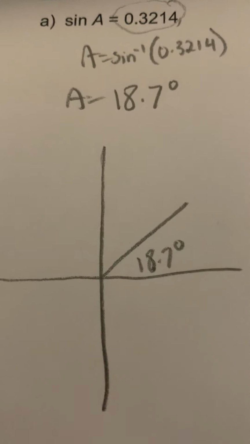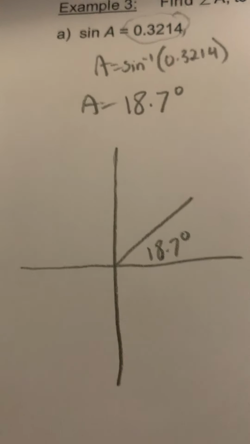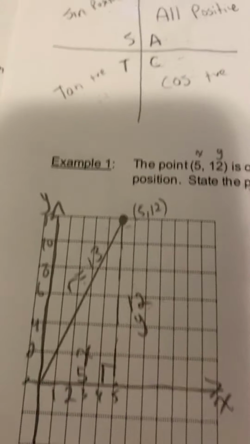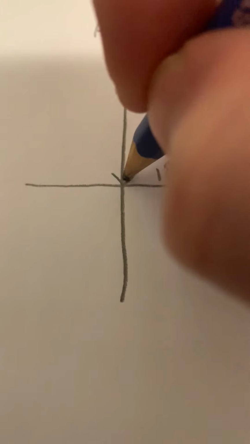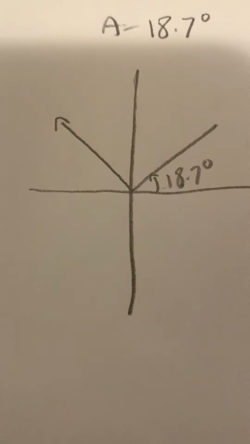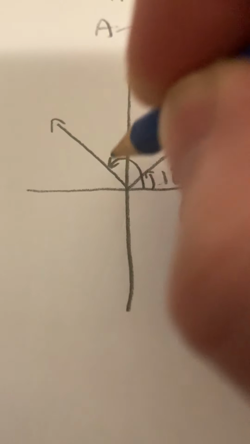So how we find the second one is we have to find out what other quadrant sine is positive in, because this was positive. If we look up at CAST, sine is also positive in the second quadrant. So we actually have another angle. So this is our first angle, and then we have a second angle, which goes from here to here.